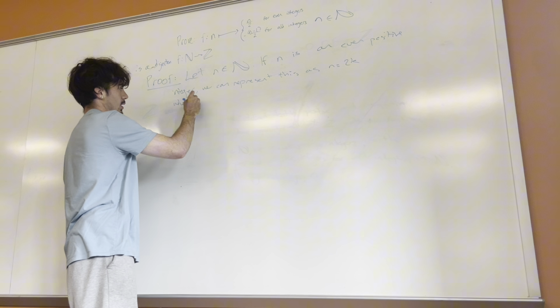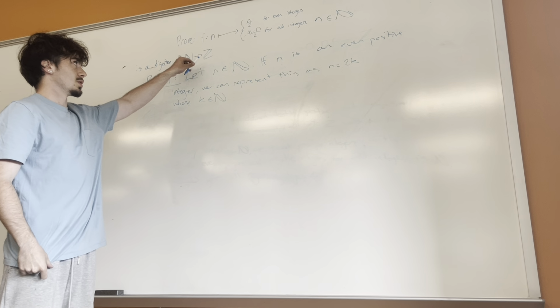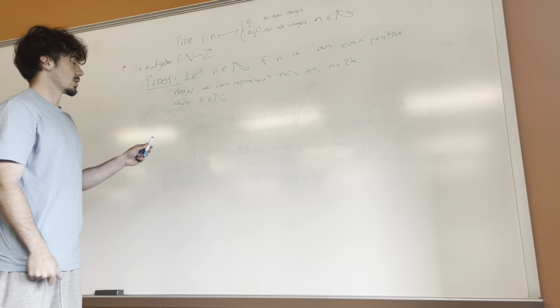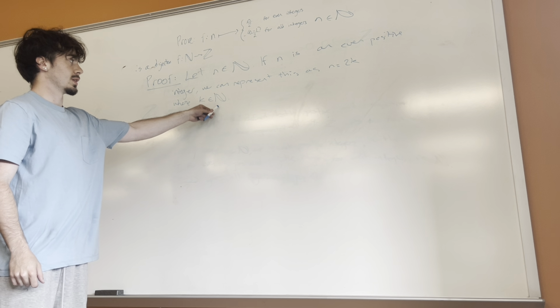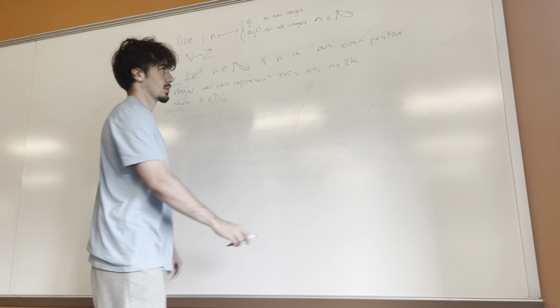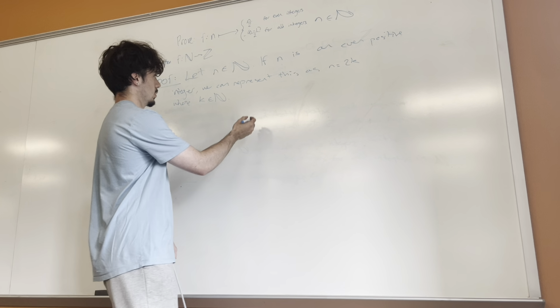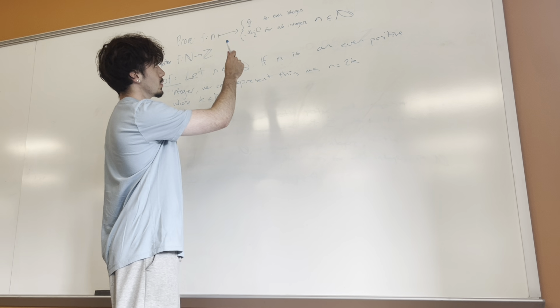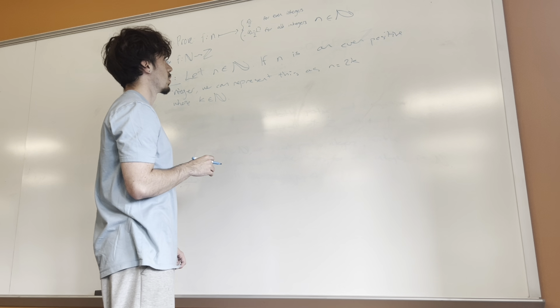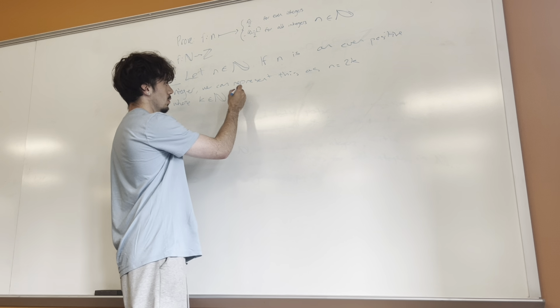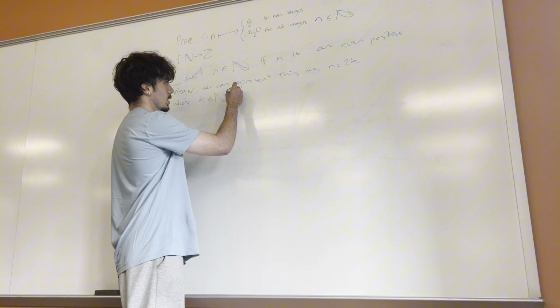And since we're mapping the elements of N onto Z, we're only going to be considering natural numbers that we are plugging in here. So if we plug this back into the first part of our function, we will get that 2k over 2 is the representation.